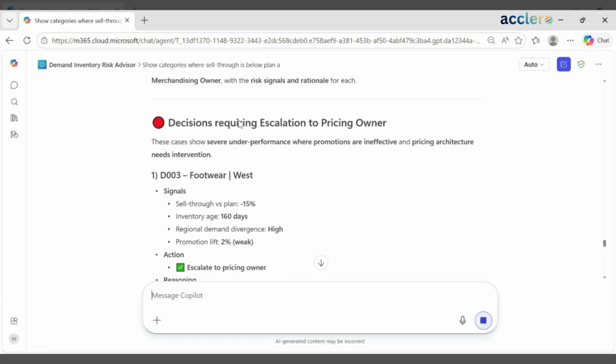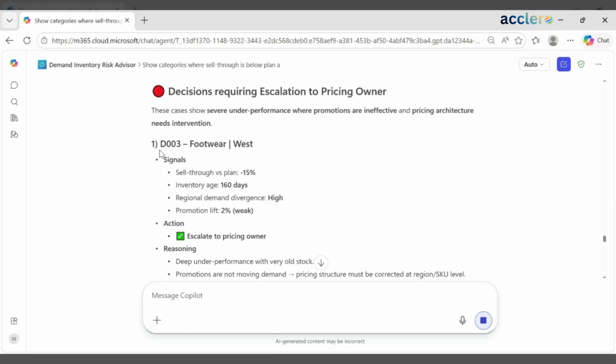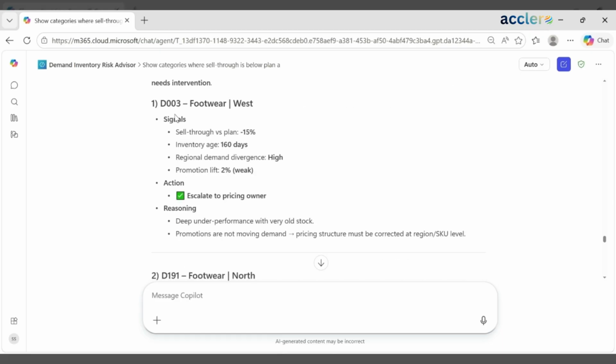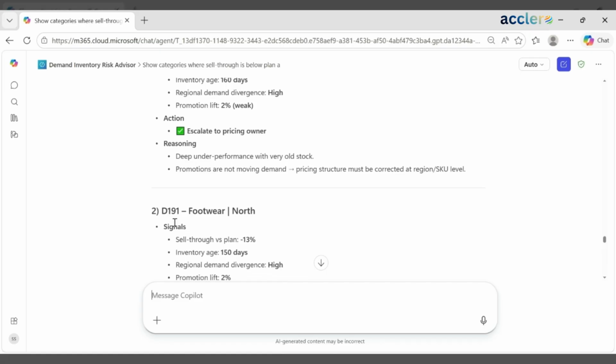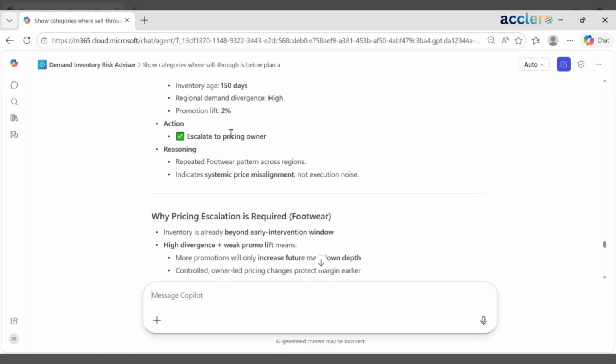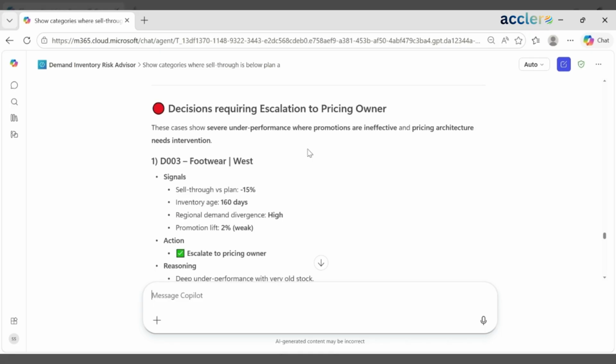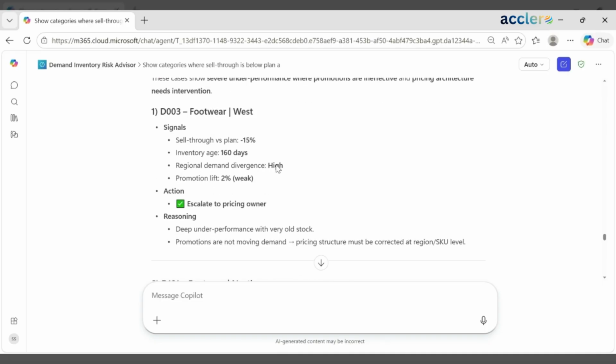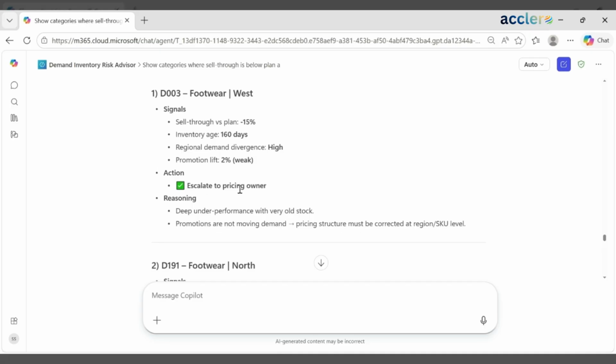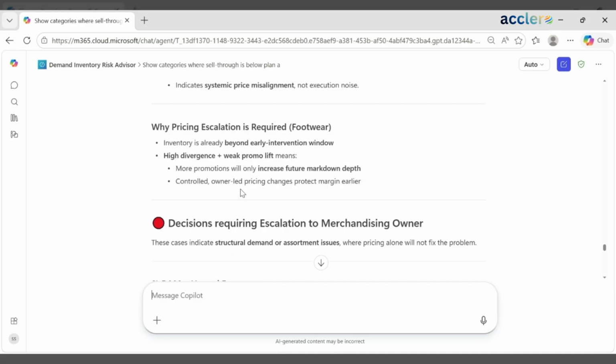The decisions requiring escalation to pricing owners are D003 footwear and D191 footwear. These are the two for the pricing owner. Here the pricing strategy is not aligned with the regional demand. The recommended action for this is to escalate to the pricing owner.